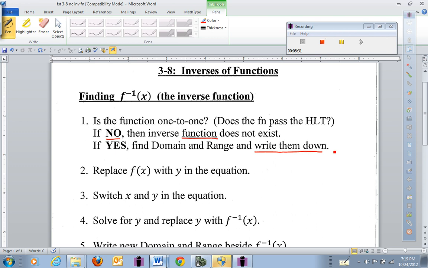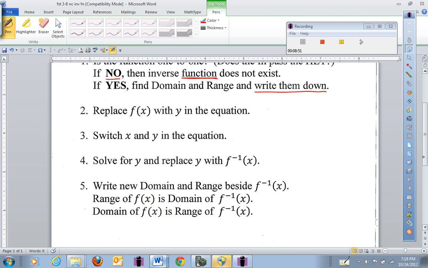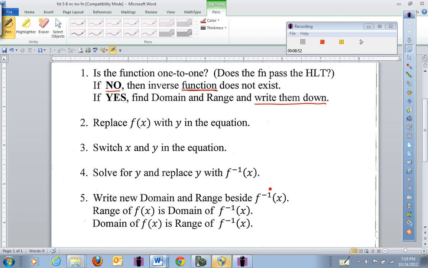Then we're going to solve for y and replace y with f inverse of x. And then we're going to write the new domain and the new range beside f inverse of x. The range of f of x is the domain of f inverse. The domain of f of x is the range of f inverse. Because the idea here is we're going to switch the ordered pairs (x, y) into (y, x).